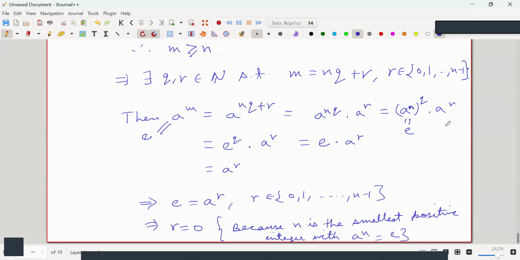And r is strictly less than n, so it cannot be positive. So it has to be 0.